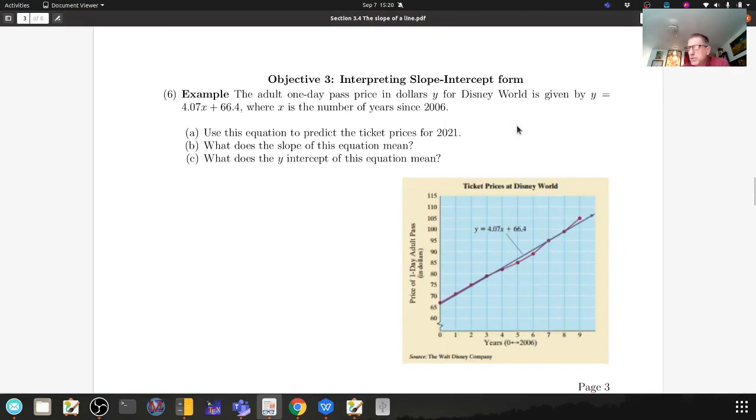So let's do the next one. Let's actually use these in an application. It's funny that they're doing this because it has to do with Disney, Disney World, and that's here, not in California.